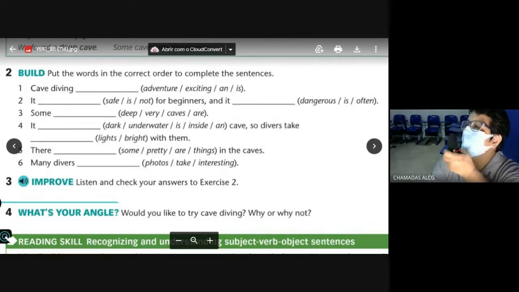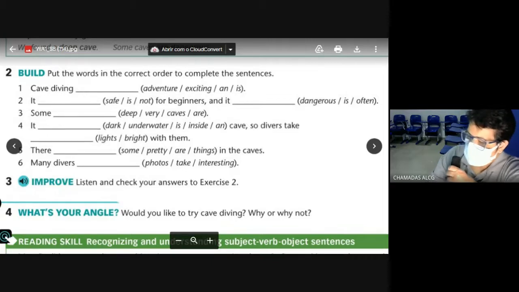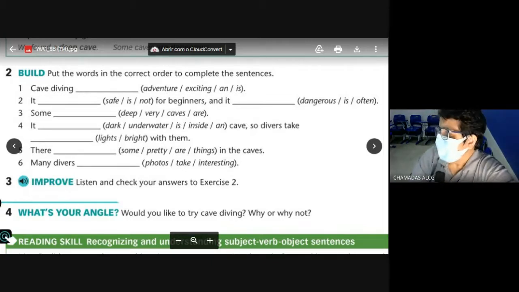Now, let me try to open the board so I can write on the board. Okay, let me try to do it for you. Oh, it's already there. Oh, gosh.